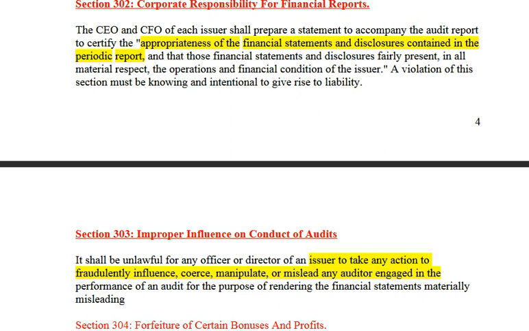A violation of this section must be knowing and intentional to give rise to liability.